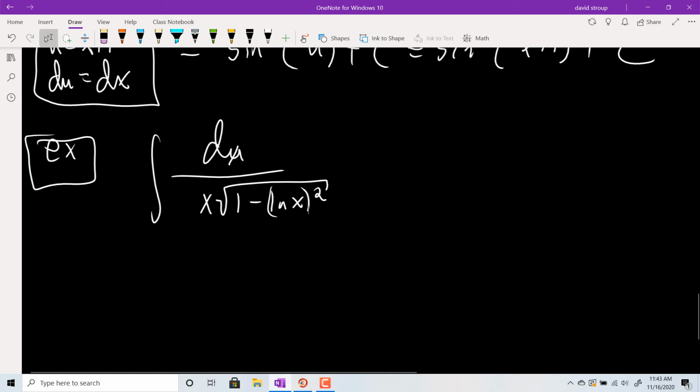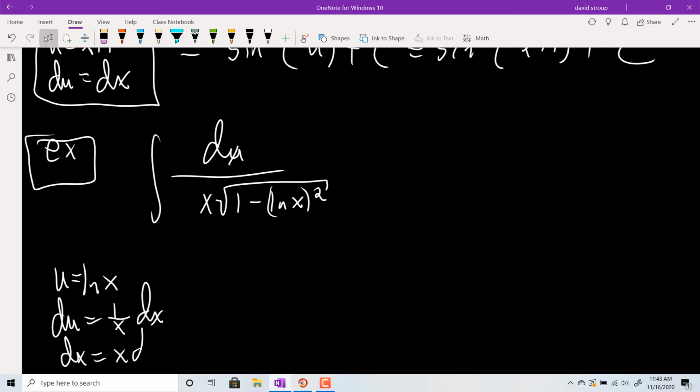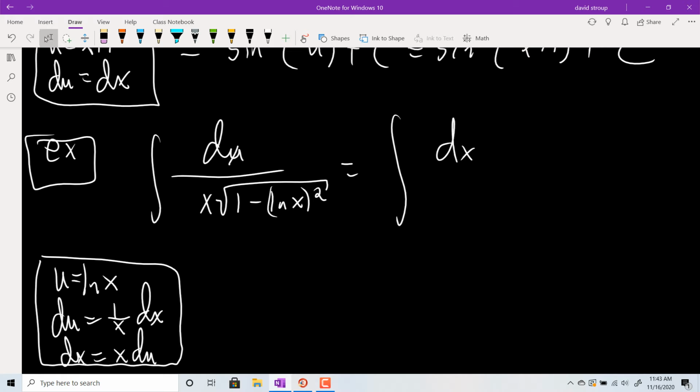So let's do our substitution and see what happens. Let u be the ln x, and then du will be 1 over x dx. And then, of course, dx is x du. Let's box that off. So doing our subs, we're going to have to rewrite the dx.